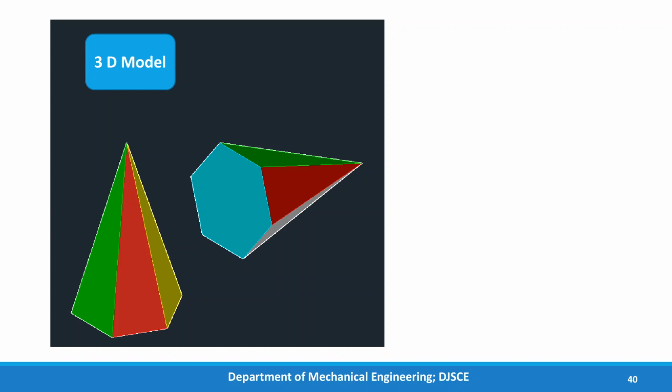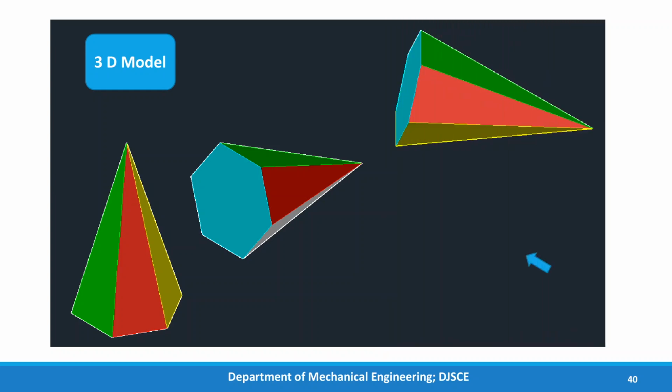This is the second step. And in the third step, we will reorient it so that the base edge will make an angle of 45 degrees with VP, and the apex is nearer to the observer. That is the difference here.